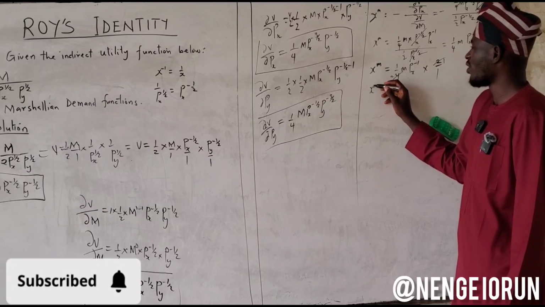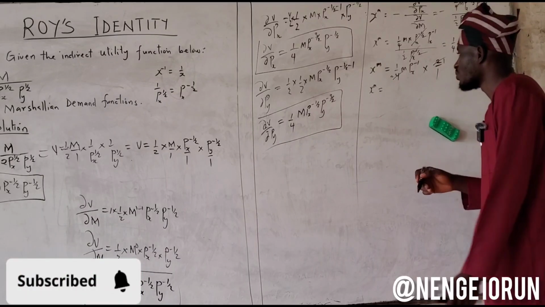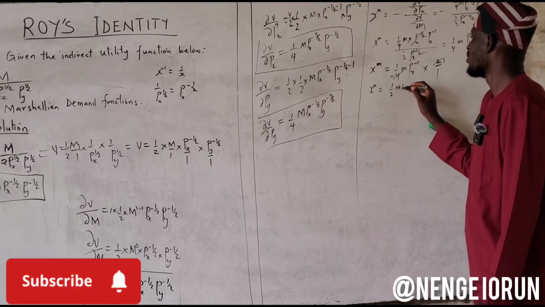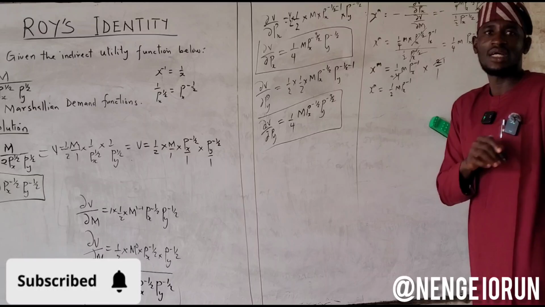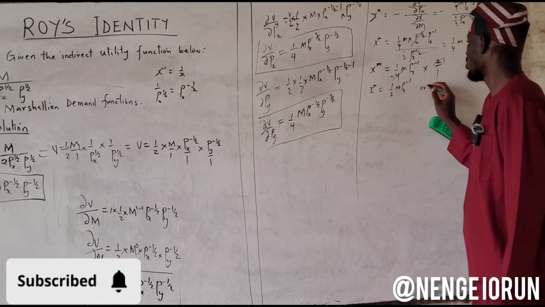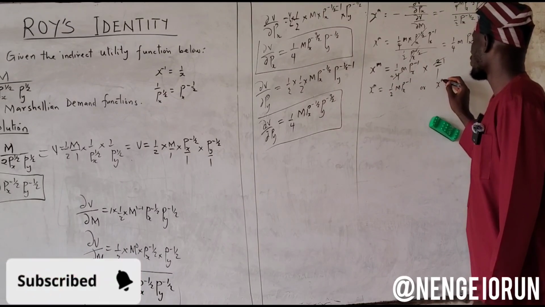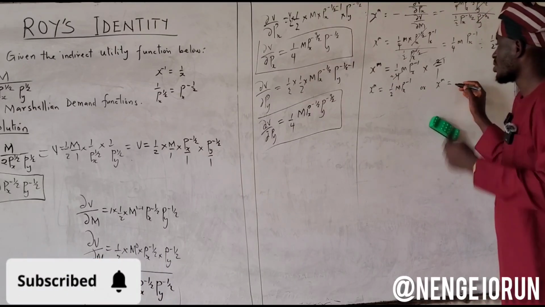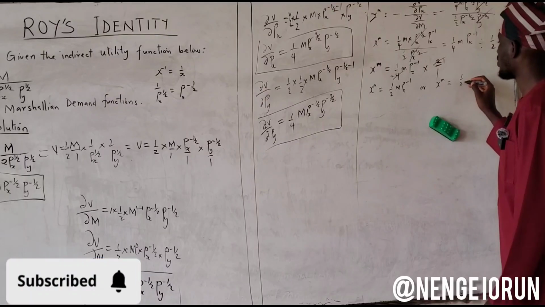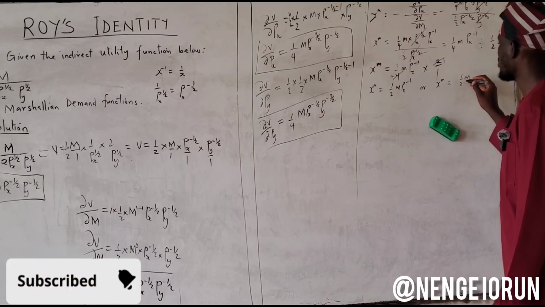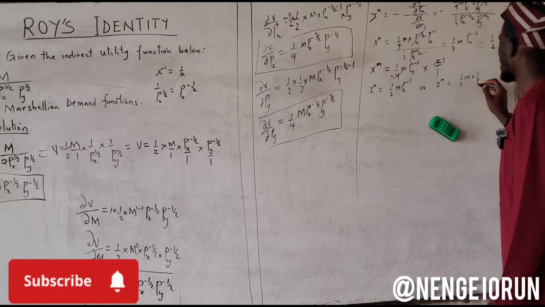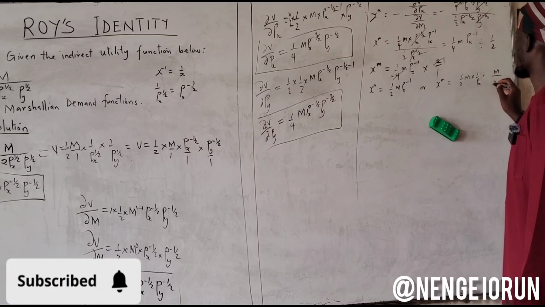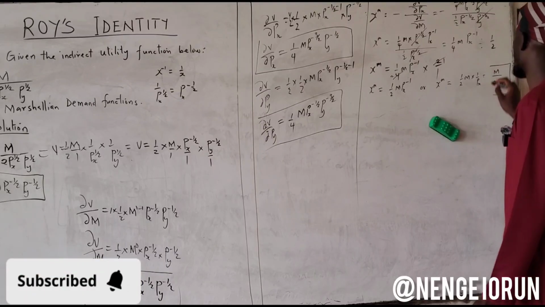So the Marshallian demand function for x is now equal to 1 over 2m px raised to negative 1, or x raised to the power of m, which is the Marshallian demand function for m, is equal to 1 over 2m times 1 over px, which is the same as m over 2px.